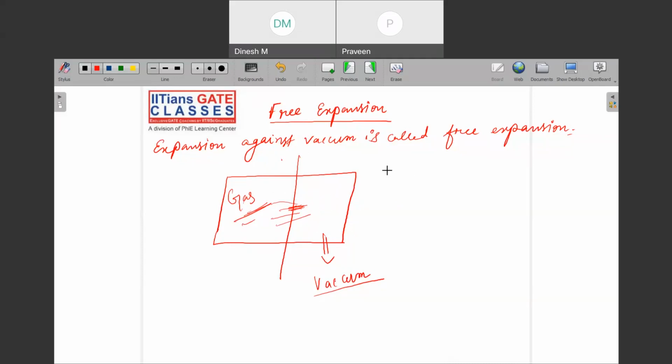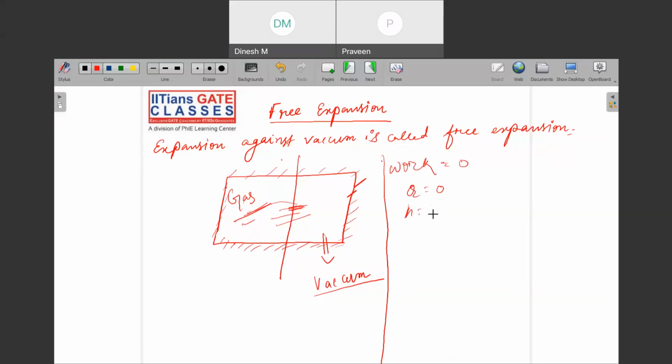In this free expansion process there is no work achieved. In fact, work done is zero, and this is insulated also, so Q is also 0. And what about delta H? We will find out.